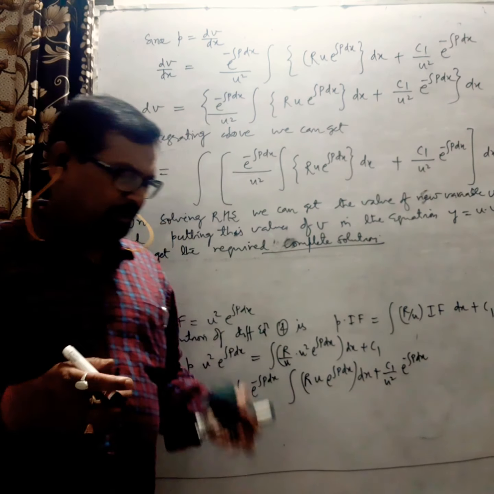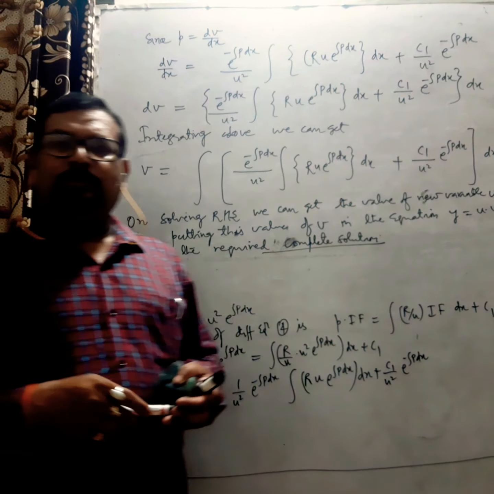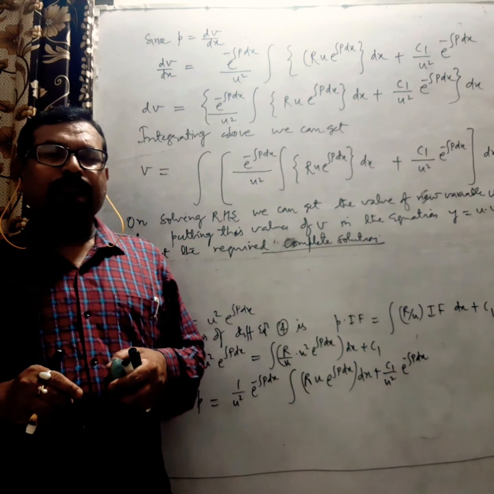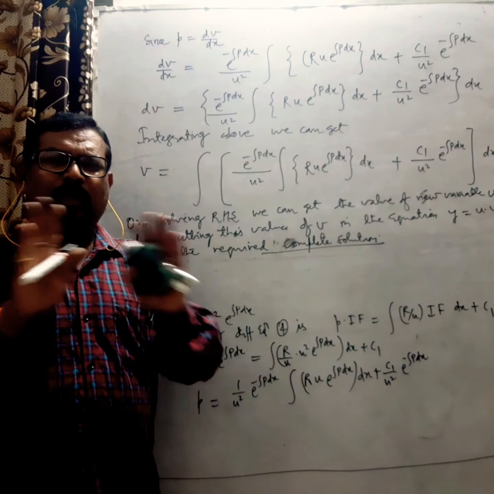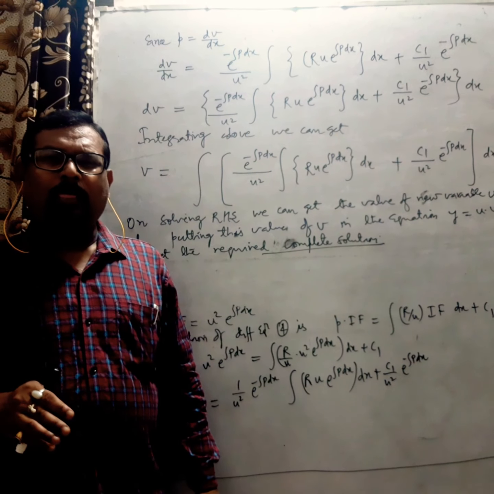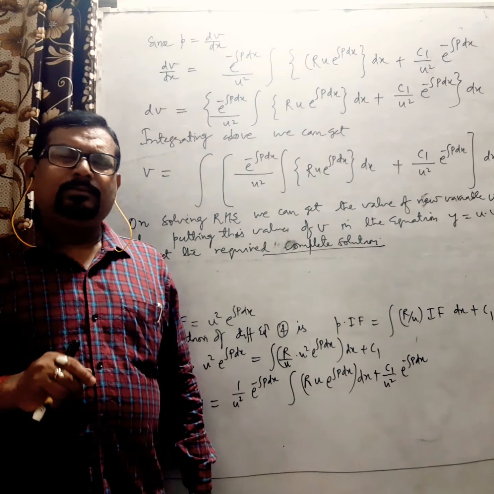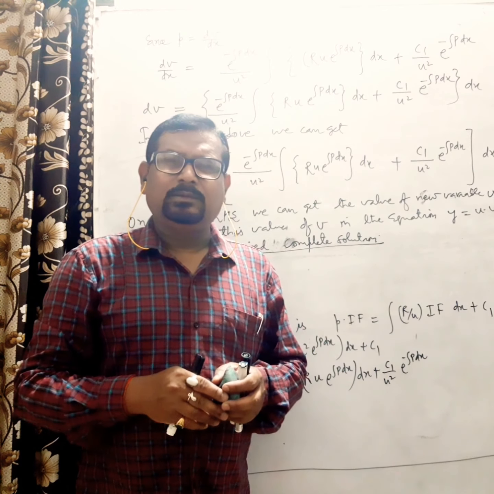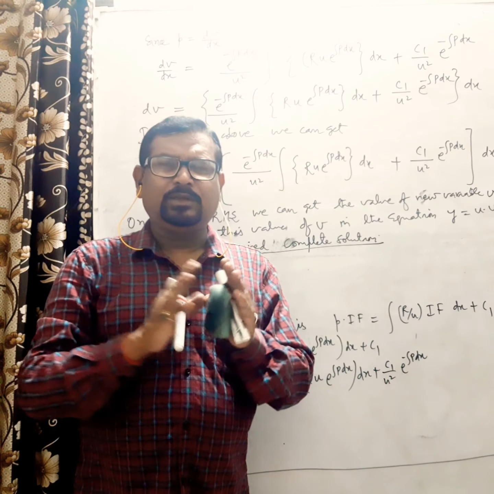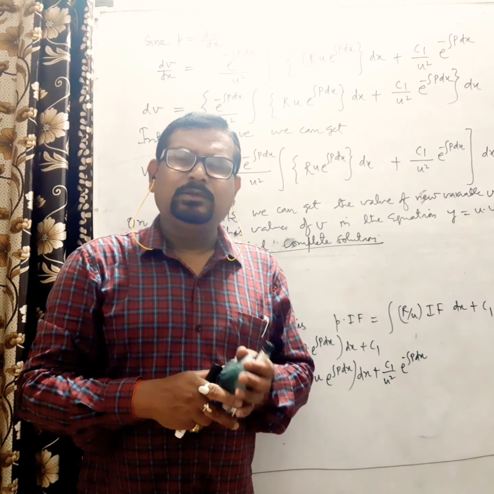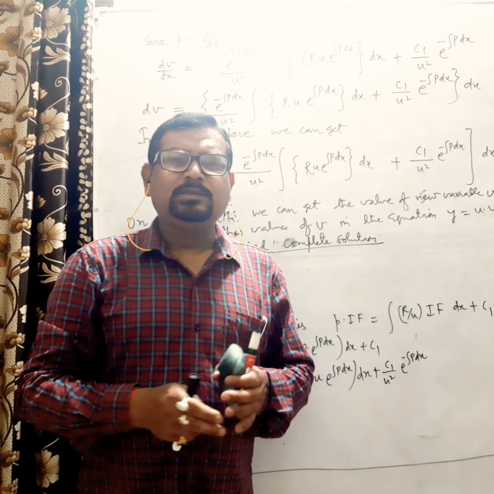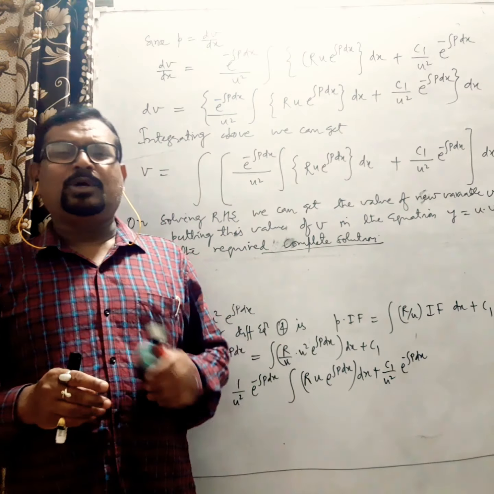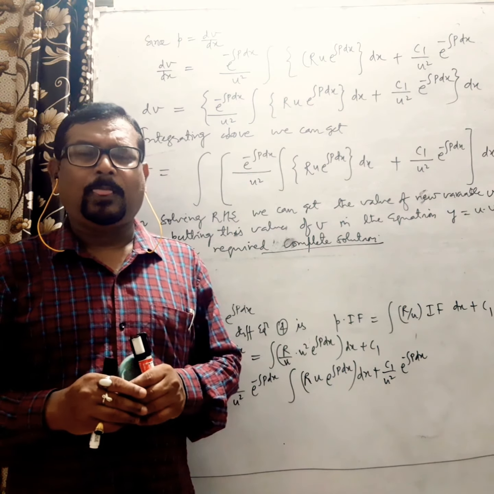Let me explain the process. What you have done: actually, it is a process known as reduction of order, the method of reduction of order. And this method is applicable when one part of the complementary function is given.